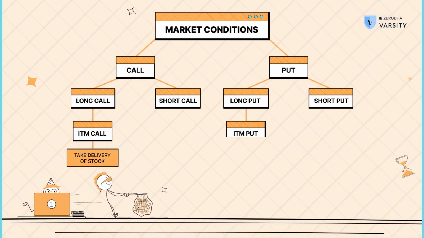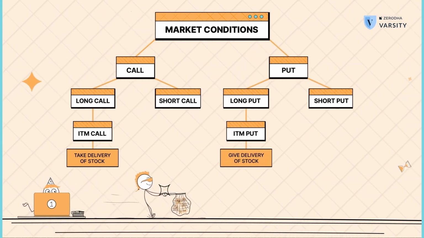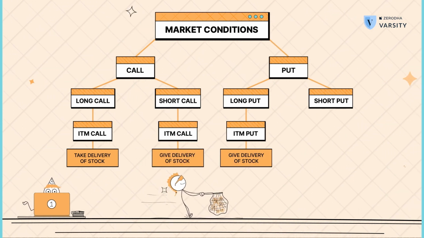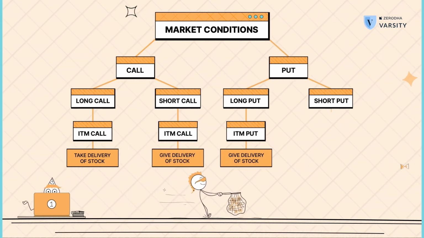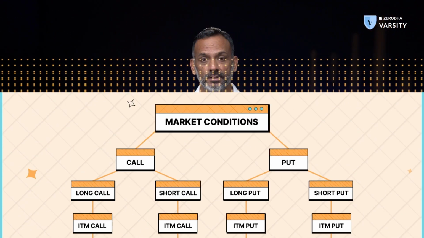If you have a long in-the-money put option, you have to give delivery of stock. If you have a short in-the-money call option, you have to give delivery of stock. If you have a short in-the-money put option, you have to take delivery of stock. Just to reiterate, it's only in-the-money options that are subjected to physical settlement. All out-of-the-money and at-the-money options expire worthless.